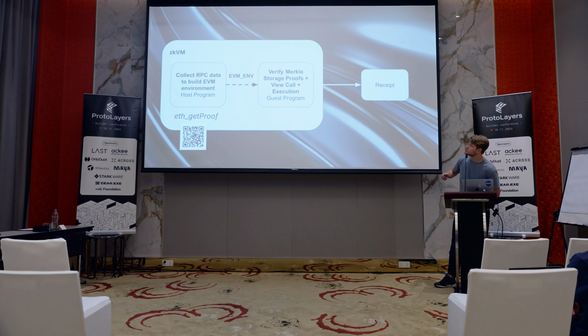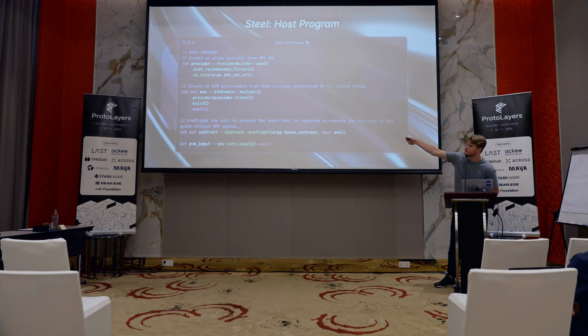Then you do some execution on it, and you get a receipt. So now we have at least a little bit more verifiable state than we had before. The host program is very straightforward. We have a provider and an RPC URL, and we build this environment. In this specific case, the environment has a specific type, the ETH EVM environment.